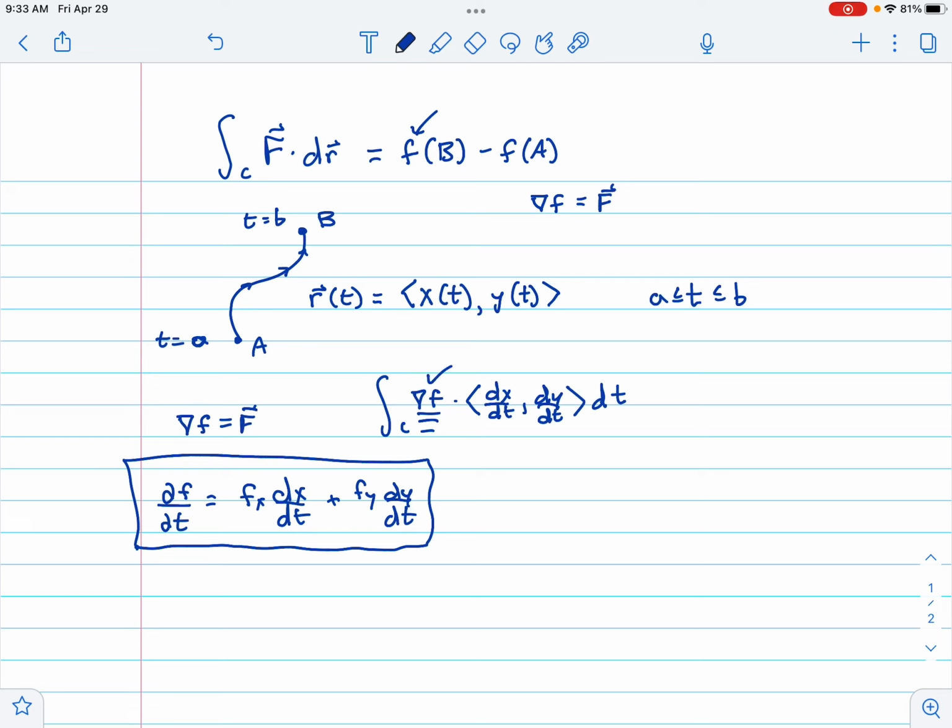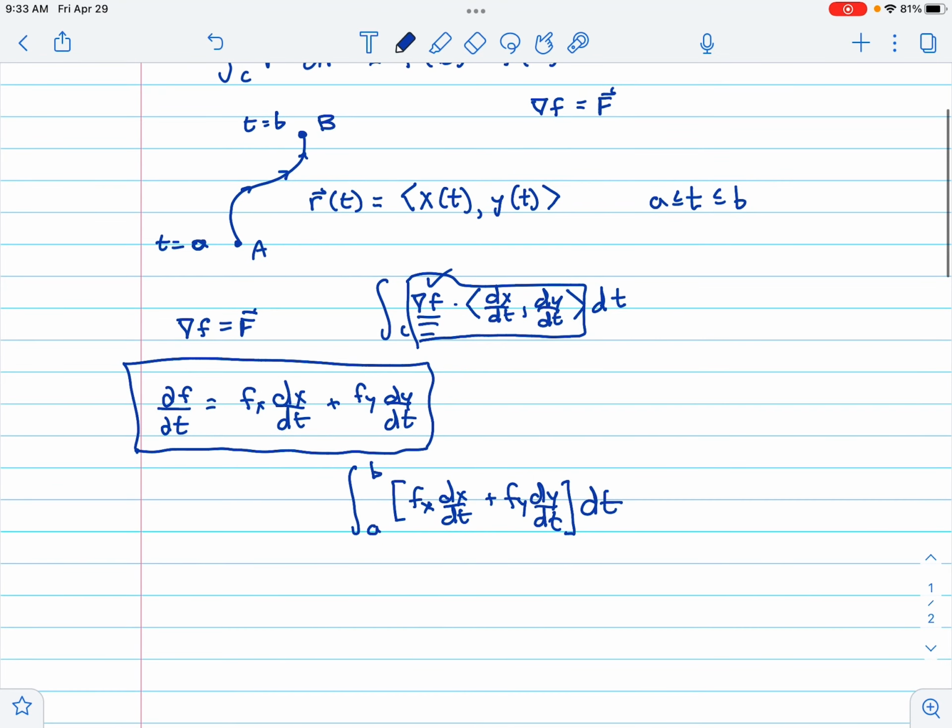With that in mind, let's rewrite this thing. We're going to go from A to B, and I'm going to put in this gradient. It's going to be partial with respect to x, dx dt, plus partial with respect to y, dy dt, and then dt. So what I've done is I've rewritten this whole thing.